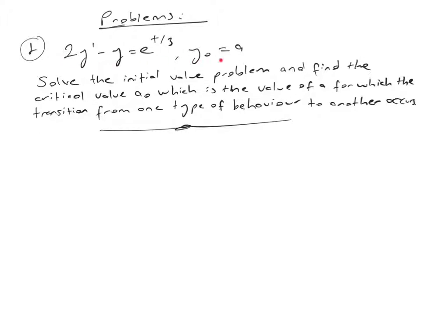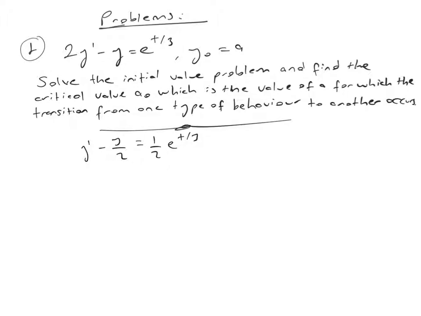Since this is a first order differential equation, we will try to make the coefficient in front of y prime 1. So we will divide both sides by 2. So y prime minus y over 2 is equal to 1/2 e to the t over 3.